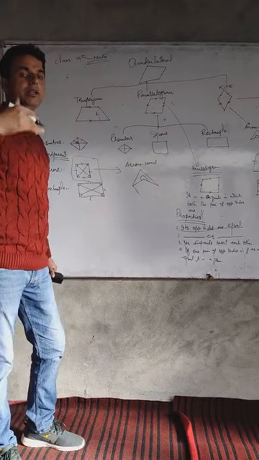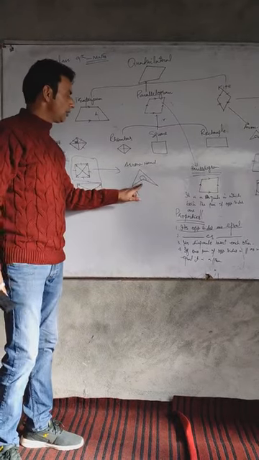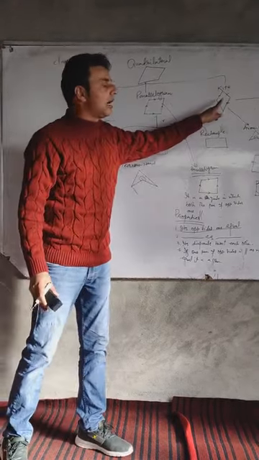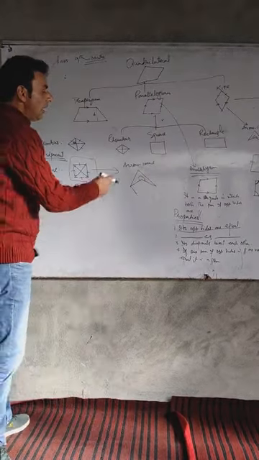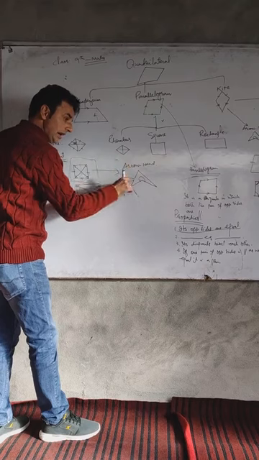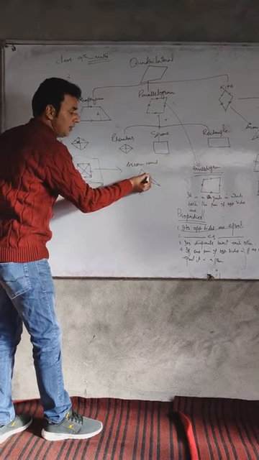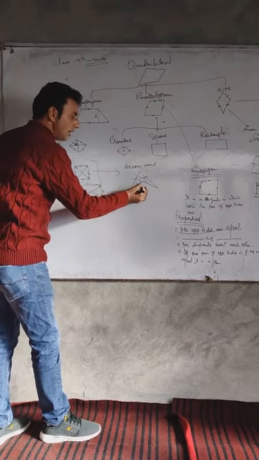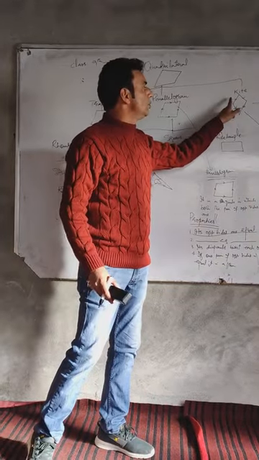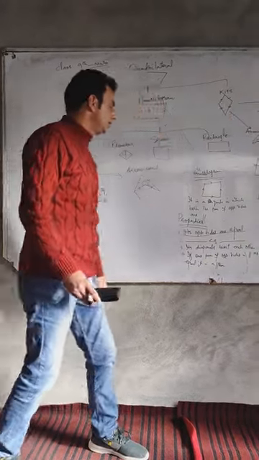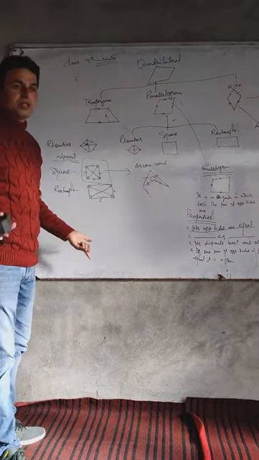Whenever you write the definition of an arrowhead, you have to say an arrowhead is a kite, and then it is a quadrilateral. When it is a kite, this side will be equal to this side and this side will be equal to this side, because a kite is a quadrilateral whose pairs of adjacent sides are equal. So it is here too.